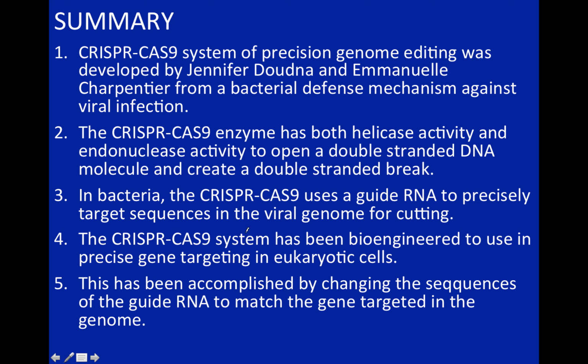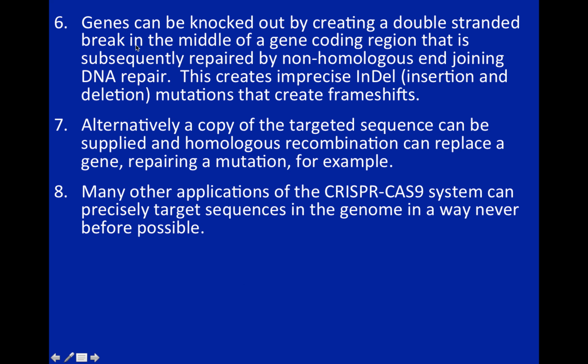The CRISPR-Cas9 system has been bioengineered to use in precise gene targeting in eukaryotic cells. This has been accomplished by changing the sequence of the guide RNA to match the gene targeted in the genome. Genes can be knocked out by creating a double-stranded break in the middle of a gene coding region that is subsequently repaired by non-homologous end joining. This creates imprecise indel insertion and deletion mutations that create frame shifts.